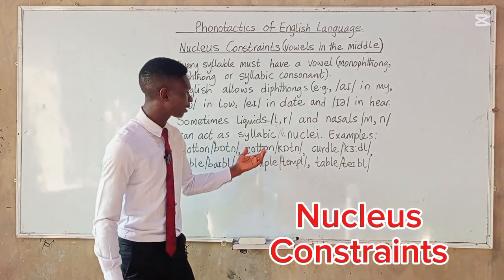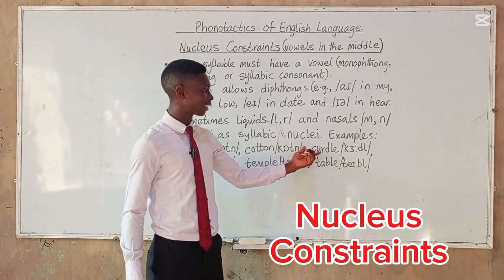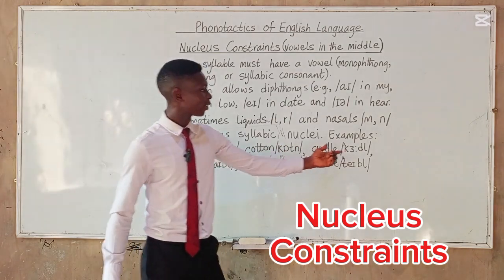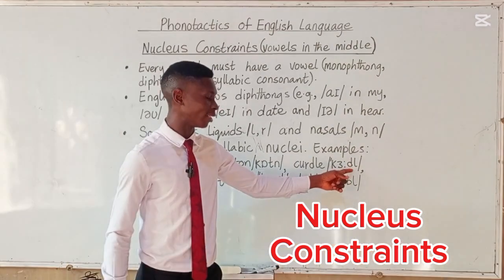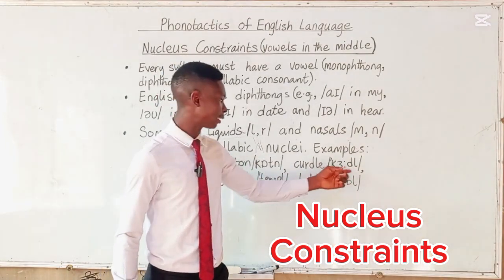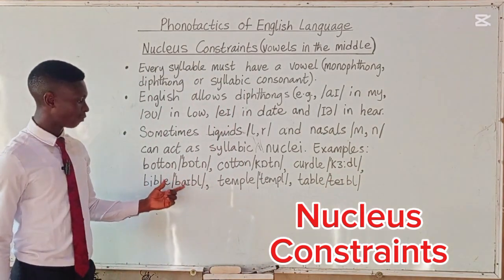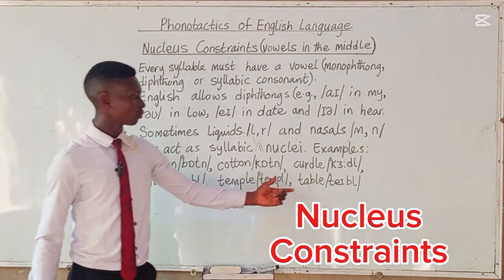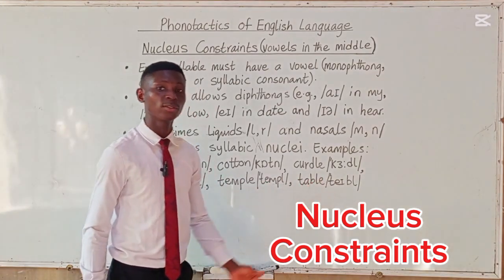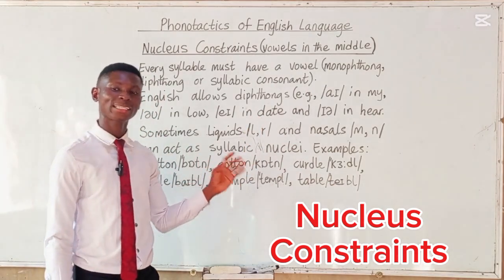Again, we have cotton, and we have cuddle. In the second syllable, we have the d and l sound. Here we have Bible, temple, table. So in all these words, we have syllabic consonants.